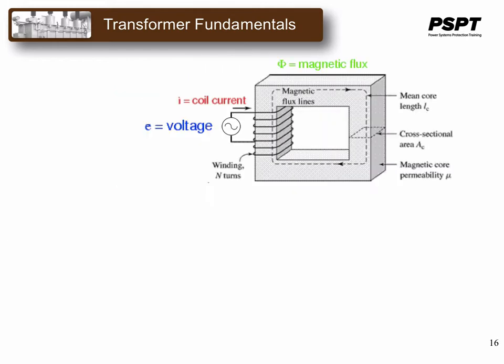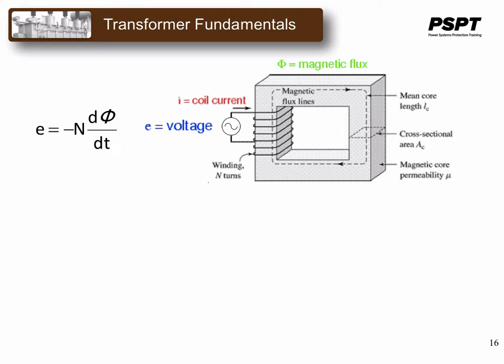Let's take a closer look at the Faraday equation and its relationship to, say, a coil on a magnetic core. What this equation states is that there's a relationship between the voltage across the coil and the magnetic flux in the core.